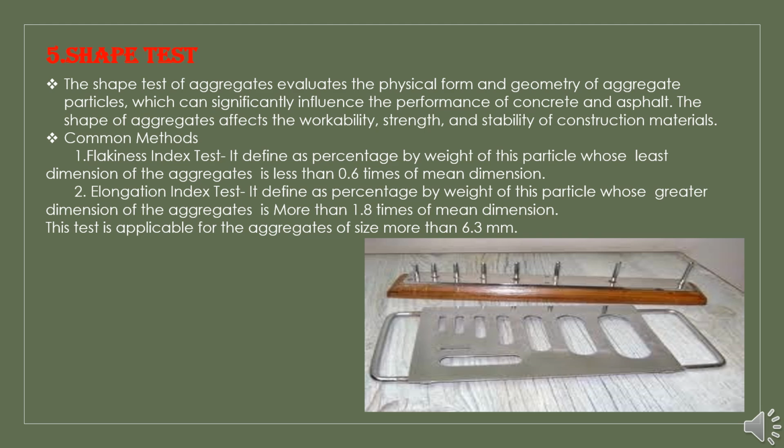And after that, the elongation index test is defined as the percentage by weight of the particles whose greater dimension is more than 1.8 times the mean dimension. This test is applicable for aggregate of size more than 6.3 mm.